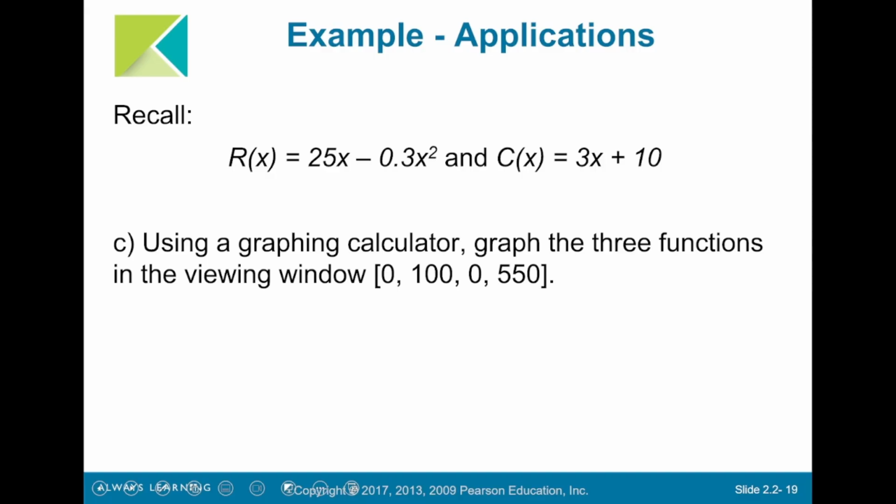All right, moving on. Using a graphing calculator, graph the three functions in the viewing window. So let's jump over to our graphing calculator and graph all three of these.